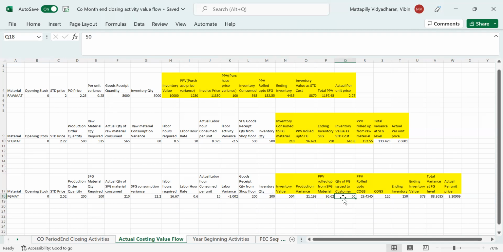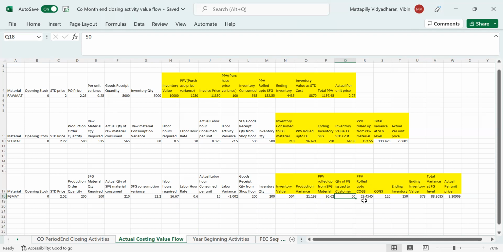Quantity of FG issued to the customer. Out of how much quantity we received? 200 quantity we received. Out of that, 50 quantity we are issuing to the customer, right? So PPV rolled up to the COGS.